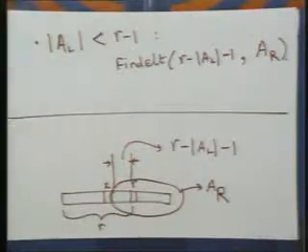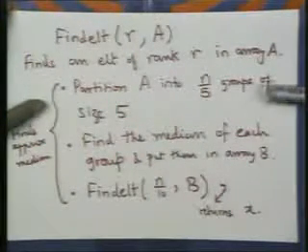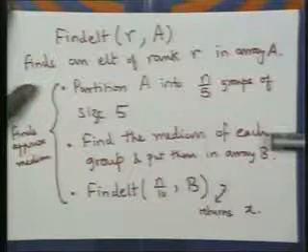That ends the description of the algorithm. So let's look at this algorithm again. We want to find an element of rank R in array A. Partition A into n by 5 groups of size 5. Find the median of each group.